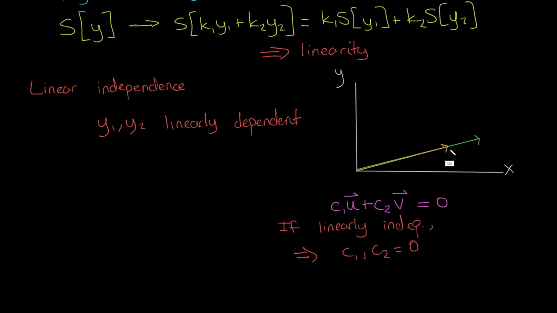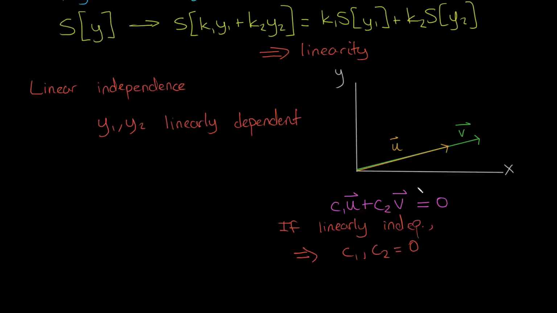Now, what we might notice about these two vectors is they're right on top of each other. If this is the vector u and this is the vector v, there's really no breathing room. If we imagine this scalar addition equation, there's clearly a set of c1 and c2 where this will equal 0 without c1 and c2 equaling 0.